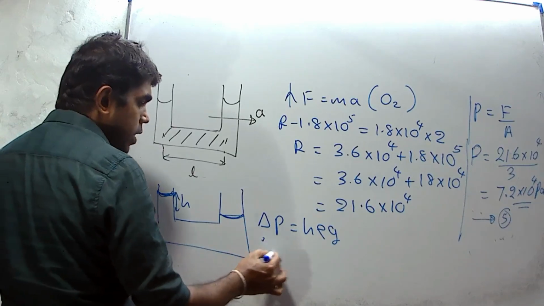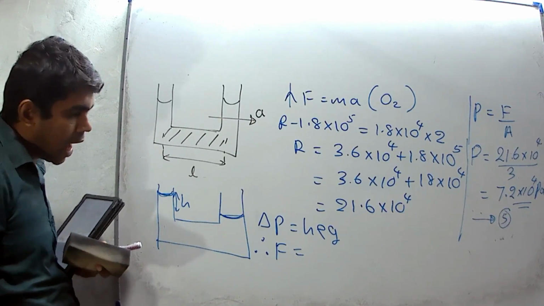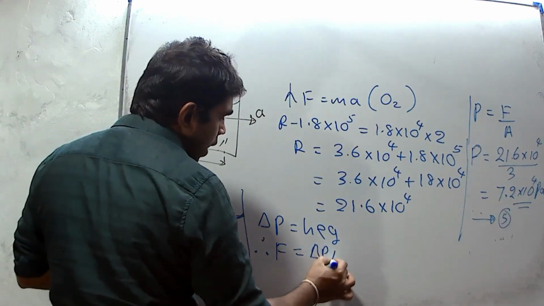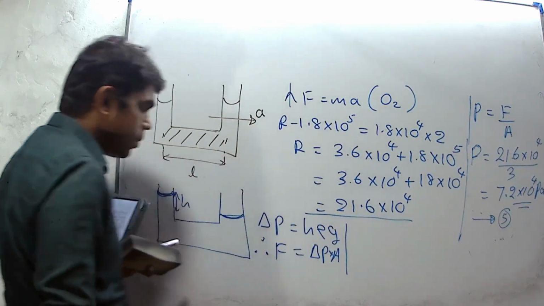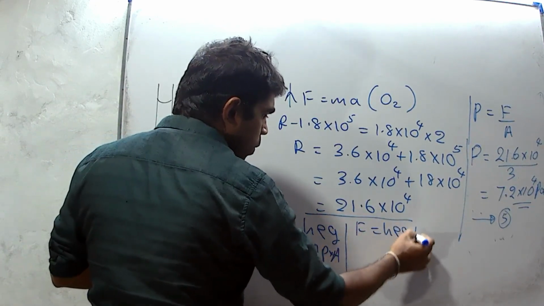Therefore, resultant force, we know that pressure equals force divided by area. Force equals pressure into area, delta P into area. Pressure difference h rho g into area.